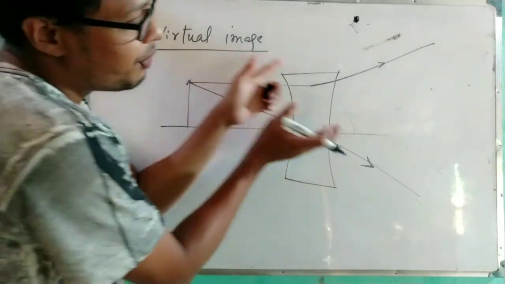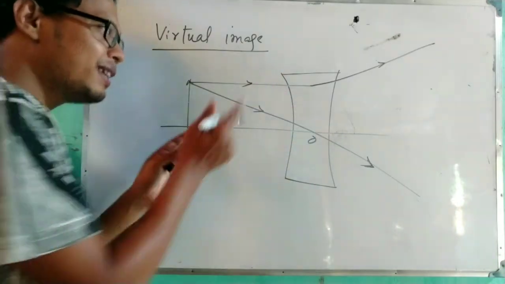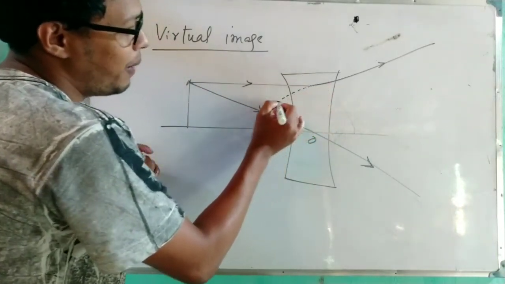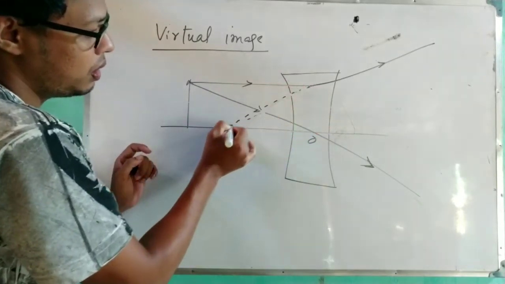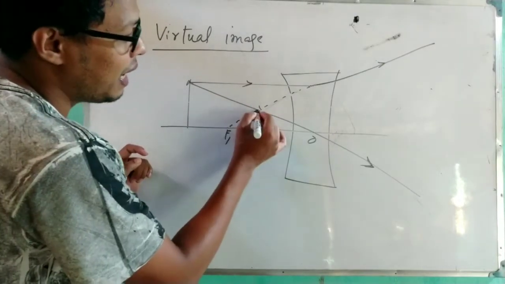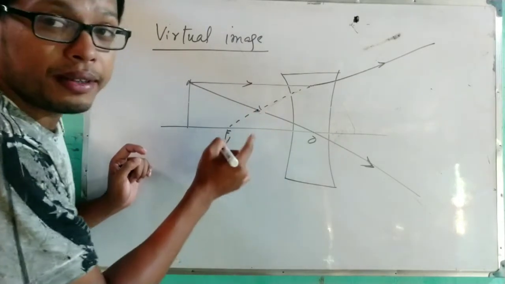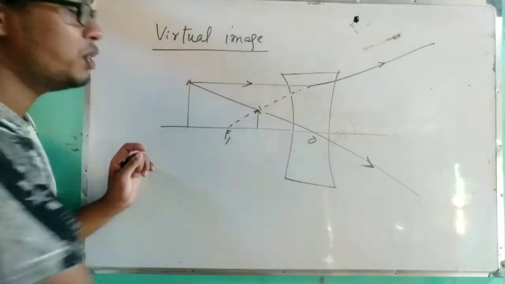See, these refracted rays do not actually meet, but if we extend them backward, obviously they will meet at this point. So here the image will form.